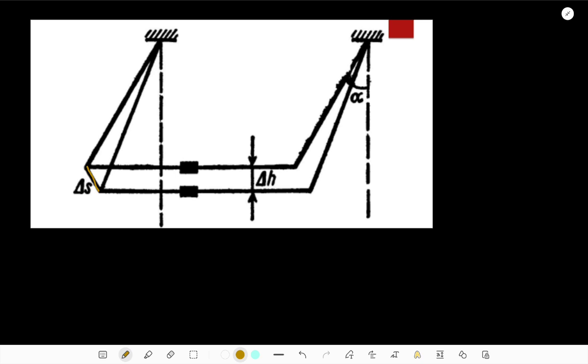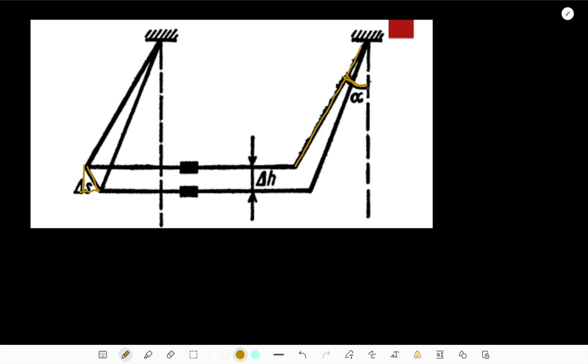And the bead has come down by a vertical displacement delta h. So this length is delta h, and here is an angle alpha between the initial position of the rope and the vertical, and their corresponding perpendiculars are horizontal.